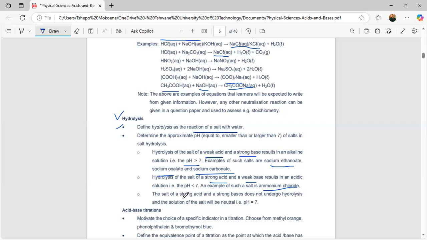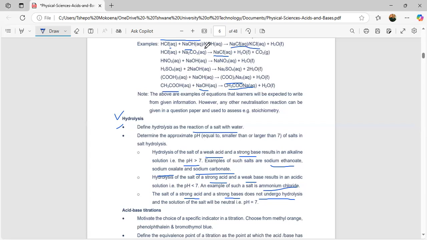And then again, strong acid, strong base, does not undergo hydrolysis at all. Very important. Do not undergo hydrolysis. And the solution of the salt will be neutral. So if you take your HCl and NaOH, we form this salt.